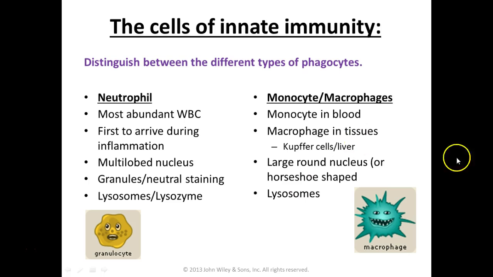So in addition, you'll notice that macrophages have those as well. They have lysosomes. The difference is that they're referred to as monocytes in our blood. They differentiate into what we call macrophages in our tissues. And in fact, some of them travel to our tissues and stay there as what we call resident macrophages.